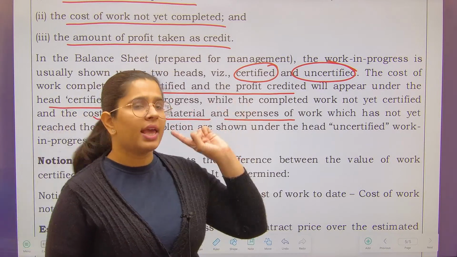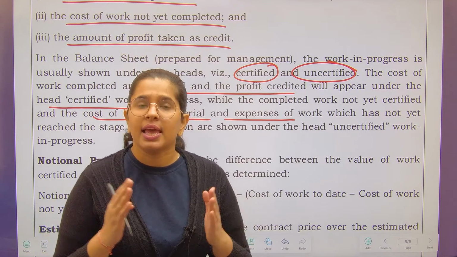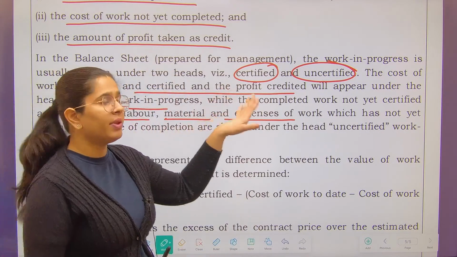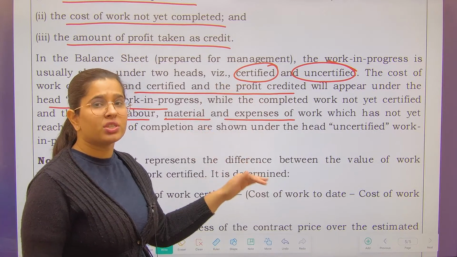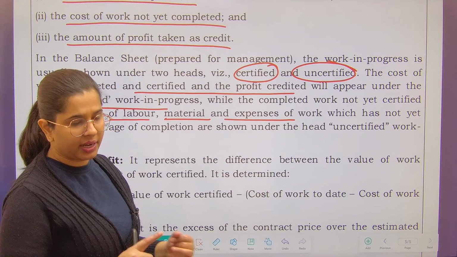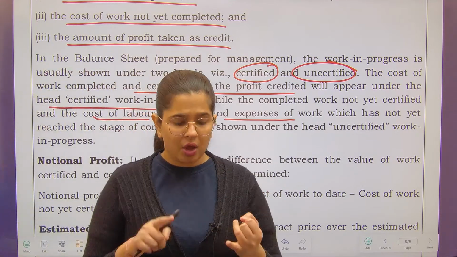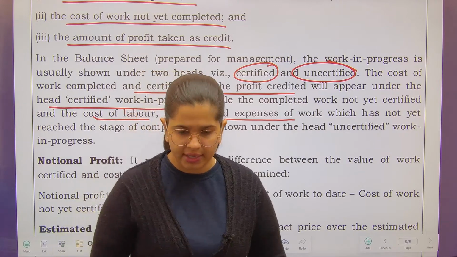So once the work has been certified, I am sure that I am eligible to receive this. Hence, such WIP will be credited along with profit, and such WIP which is yet uncertified will not have any profit element in it. It will be valued at the cost of material, labor and direct expenses incurred for it.